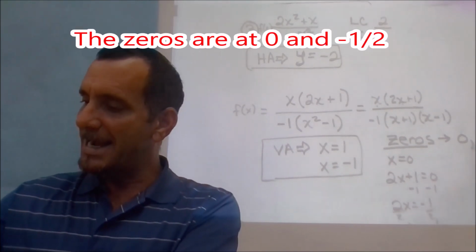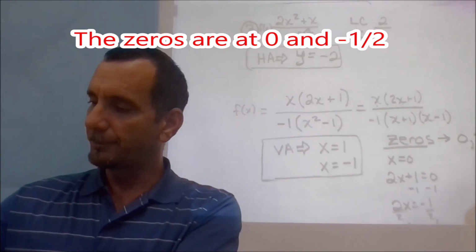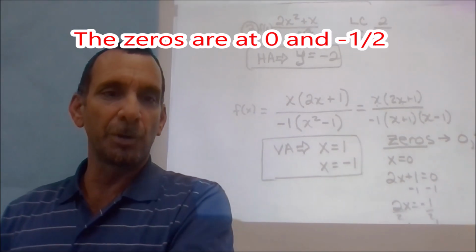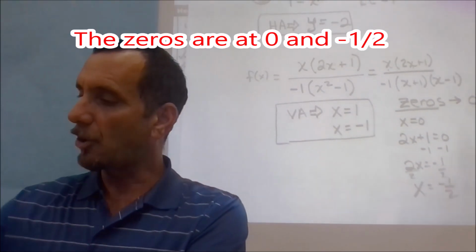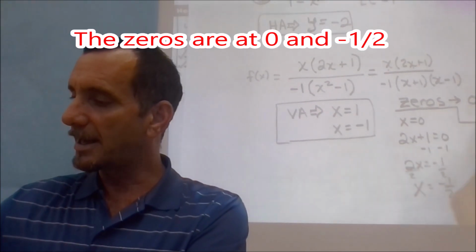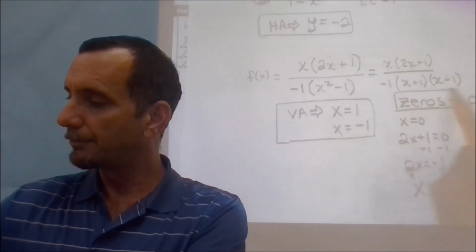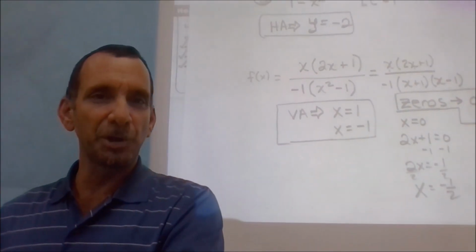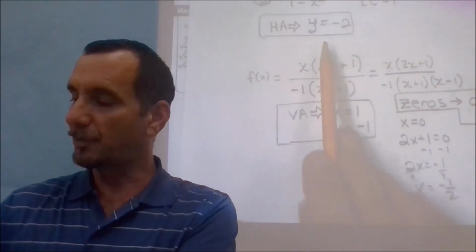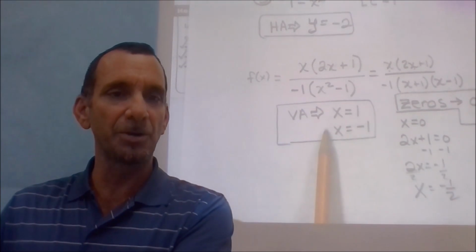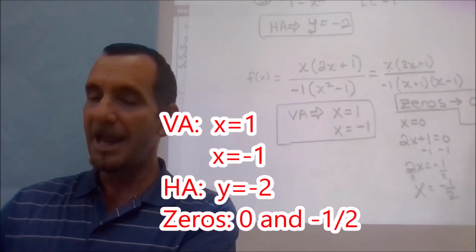So at negative 1/2, we are also going to see the curve cross the x-axis. So this was a good one. We've got the horizontal asymptote, y equals negative 2, the vertical asymptotes, and the zeros.